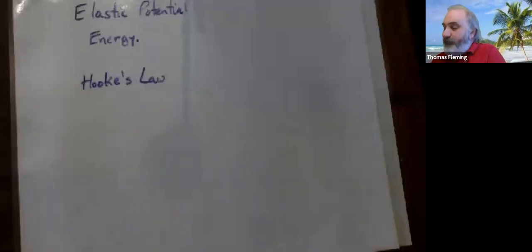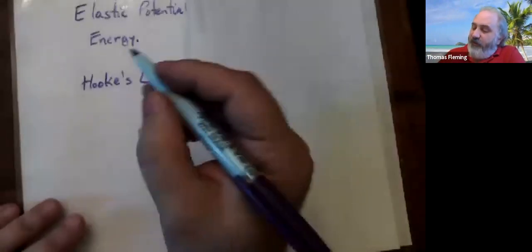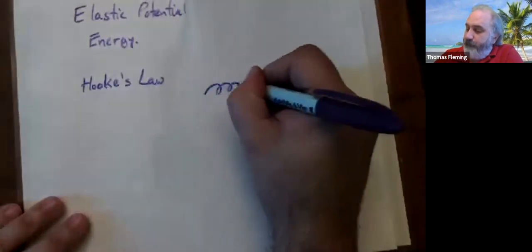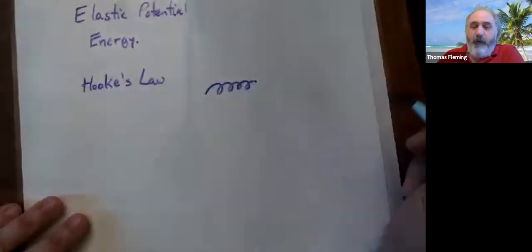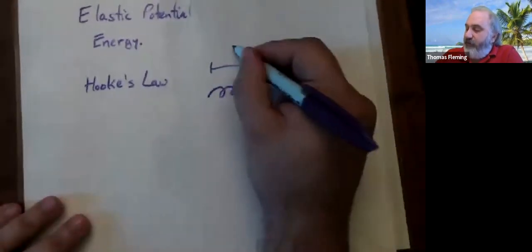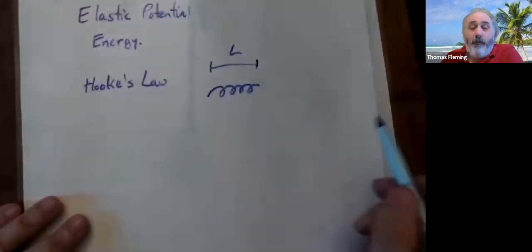Fun story. But Hooke's law deals with the force exerted by a spring. And what Robert Hooke said was that if you have a spring, well, your spring always has some natural length, right? My spring is some distance long.